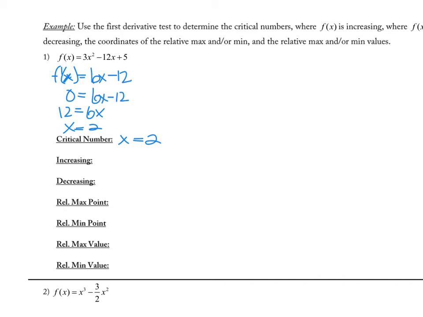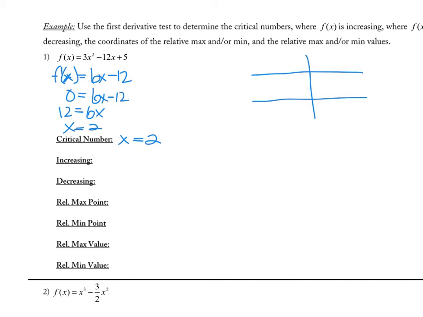So let's go ahead and set up this little chart, and this is what you're going to do every time you do the first derivative test. Then you're going to draw vertical lines for as many critical numbers as you have. So if you have 3 critical numbers, there should be 3 vertical lines. If you have 2 critical numbers, there should be 2 vertical lines, and so forth.